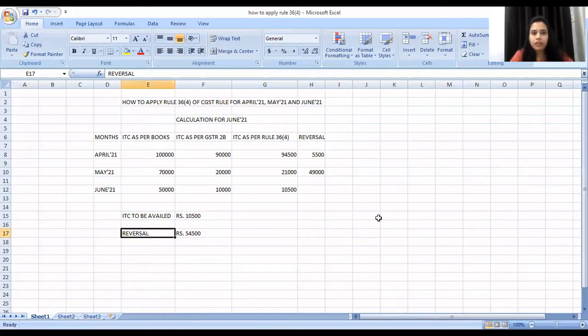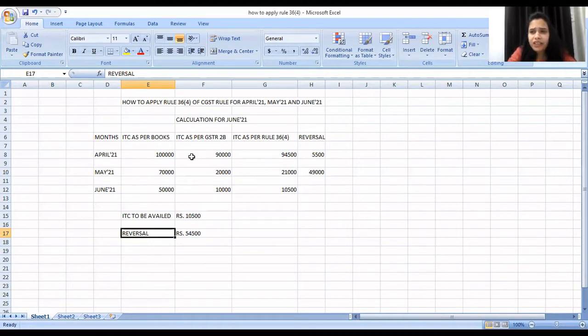So I have taken some example for April month, May month and June month. In April month, ITC as per books was 1 lakh rupees and ITC as per GSTR 2B is 90,000.